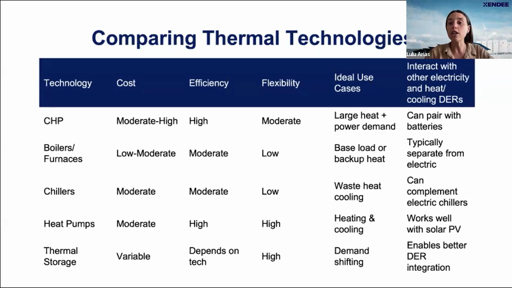Absorption chillers are valued for waste heat cooling. Heat pumps have the highest flexibility and high efficiency, making them an excellent choice for sites needing both heating and cooling, and they pair well with solar PV. Thermal storage is valued for its flexibility in enabling demand shifting and improving the economic integration of every other DER.